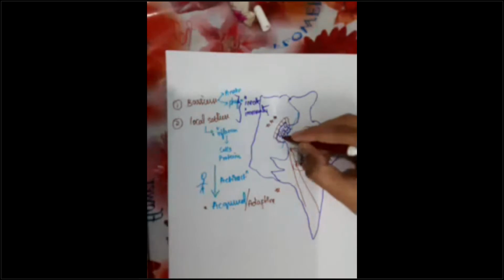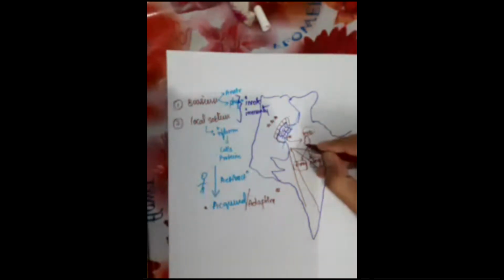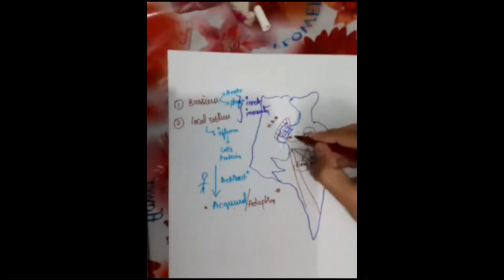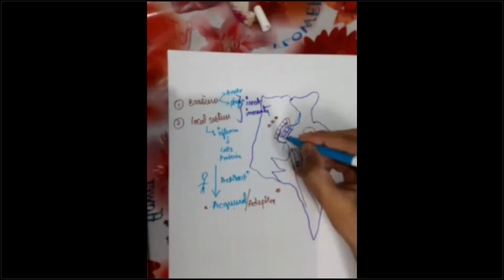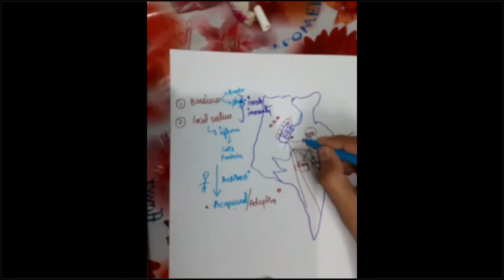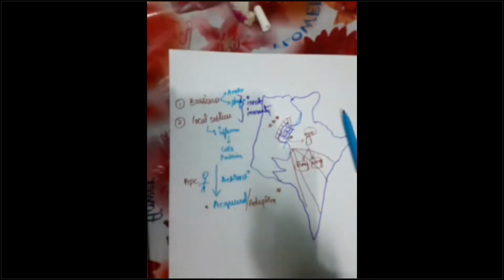He will take that ID card and show it to the central government Ministry of Defense, saying that someone has entered. This is his identification. Now, this person who is presenting the information regarding the pathogen to the central government is known as your antigen presenting cell, guys. So this soldier is your antigen presenting cell.